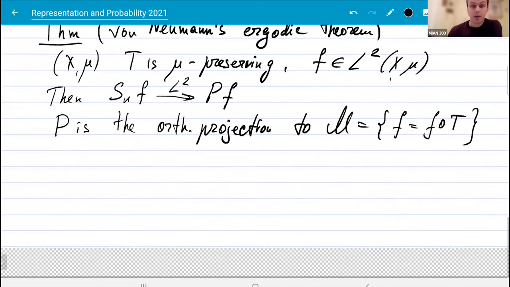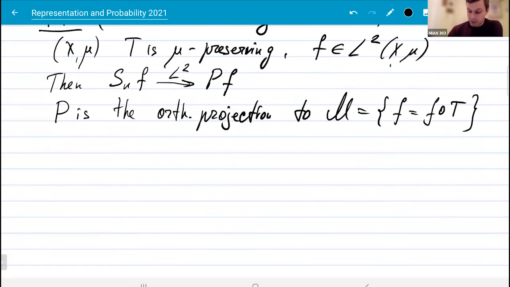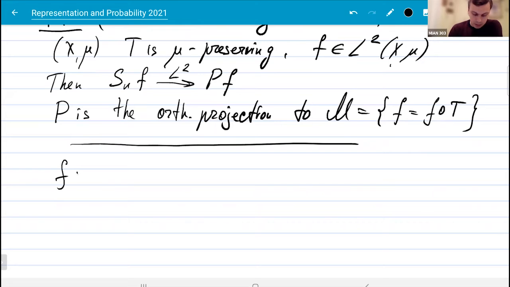So let us discuss the proof. Maybe I'll just start with some comments. The first comment is that if you consider the map f in composition with T, it is quite clear that this map conserves, for example, any Lp norm.